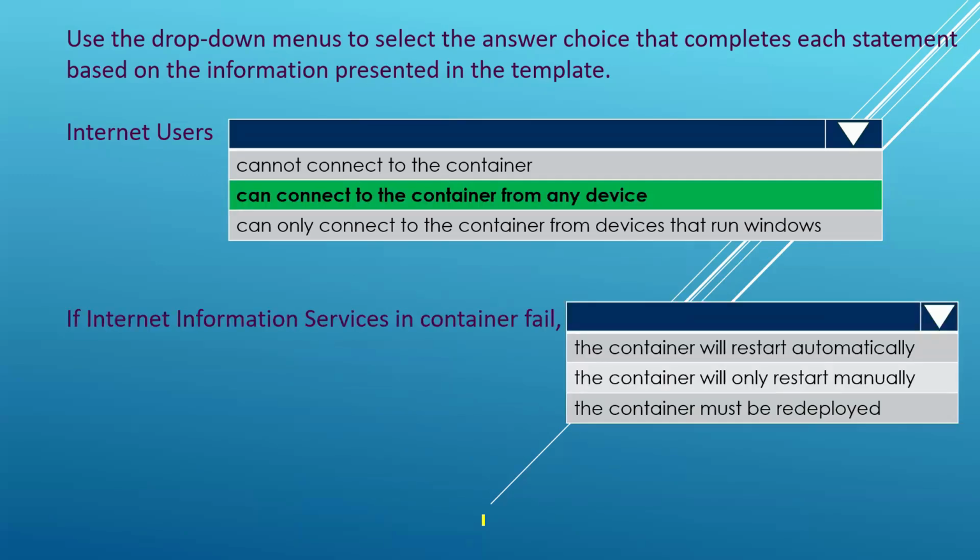Now, the second statement is if Internet Information Services in the container fail. Your options are the container will restart automatically, the container will only restart manually, the container must be redeployed. And the correct answer would be the container will restart automatically, because the failure condition was defined as restart.